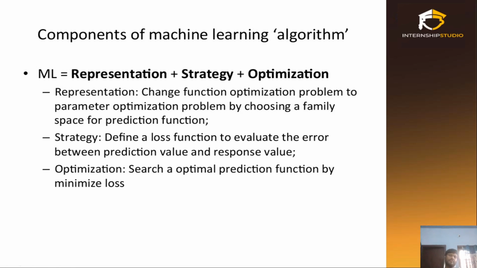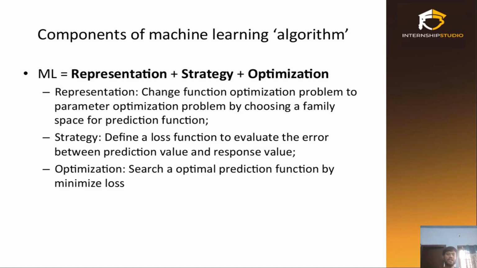So what are the components of a machine learning algorithm? Machine learning comprises representation, strategy and optimization. Representation is where we change our respective values. If it is linear regression, what are the parameters at our hand? We have beta naught and beta 1. We are going to adjust beta naught and beta 1 in such a way that we minimize the loss function.